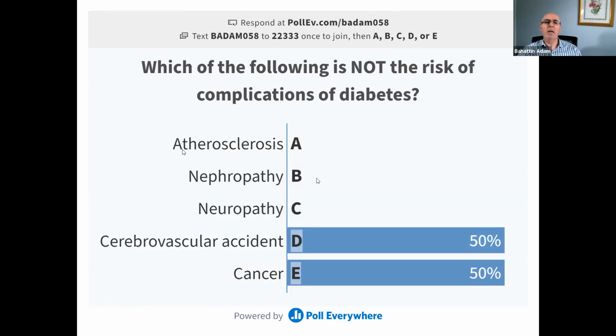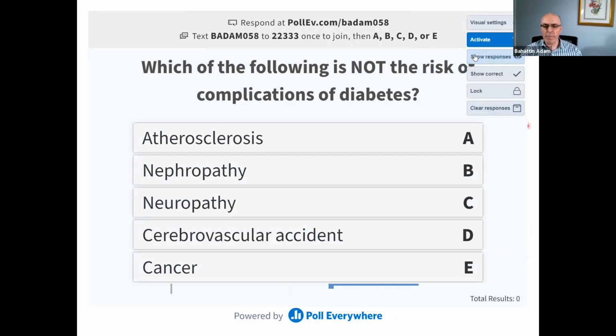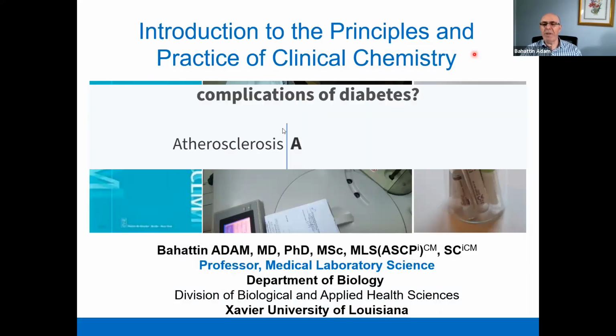The others are complications of diabetes: atherosclerosis, nephropathy, the damage of the kidney, neuropathy, the damage of the neurons, and cerebrovascular accidents, which are due to atherosclerosis. But cancer is not a complication of diabetes, right? Okay, that should be enough for today.